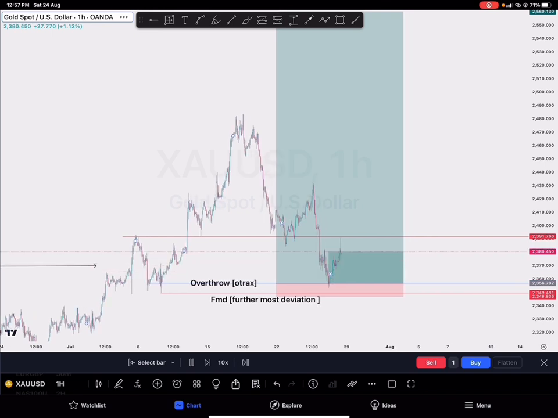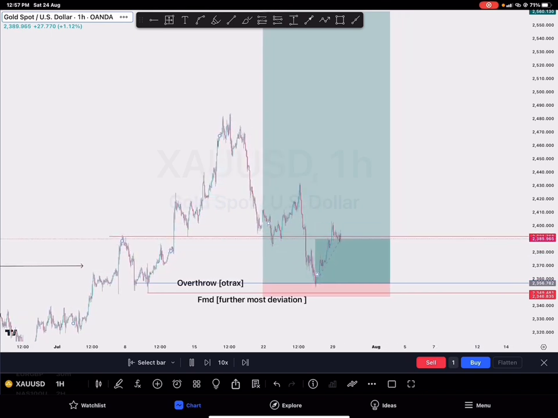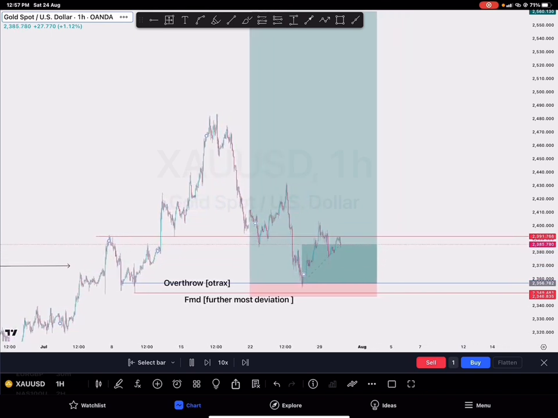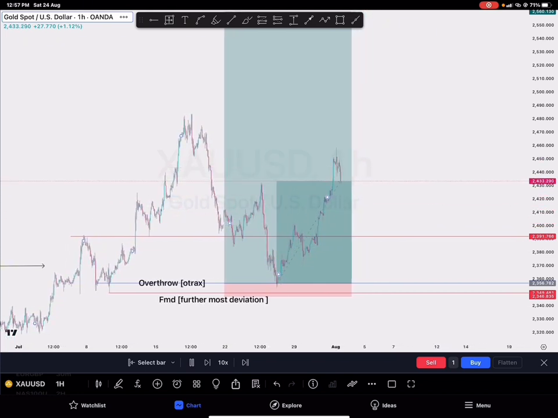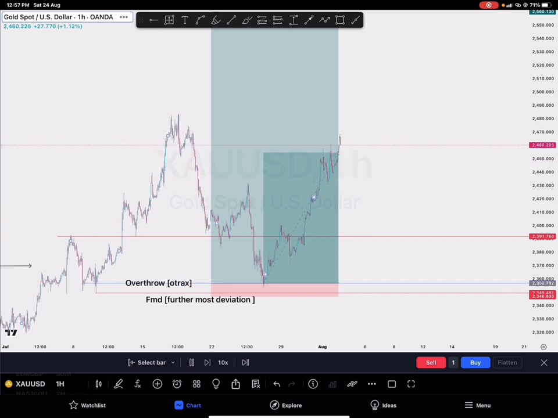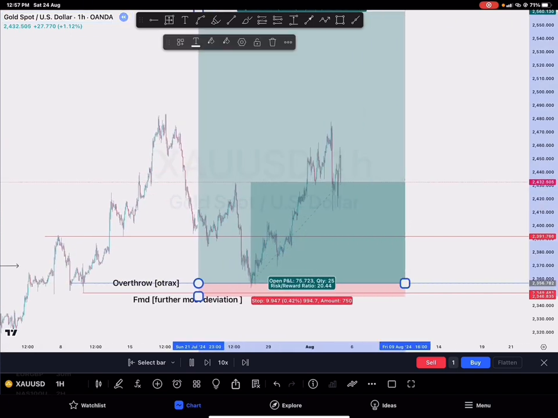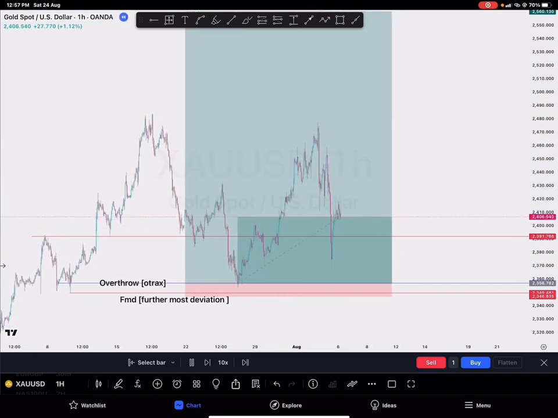And here you see price tested that level, triggered, and gave a good amount of pips. It moved all the way from that level above. We actually had that buy, because now this is current price action.